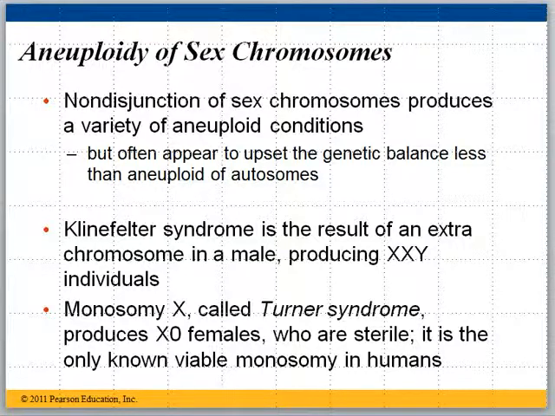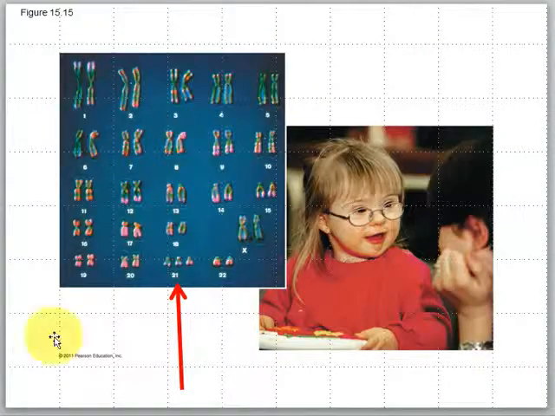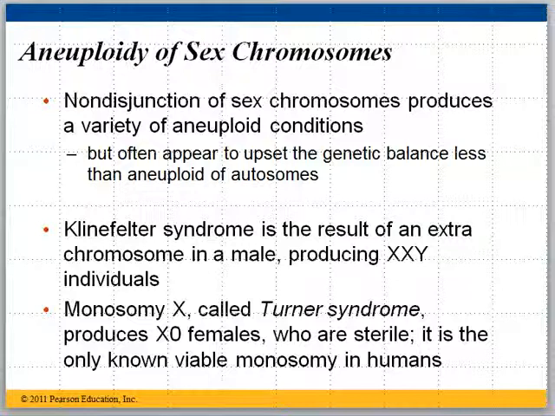Aneuploidy can occur for the sex chromosomes as well. Like with Down syndrome, where we looked at the karyotype and the number 21 set of chromosomes had the incorrect number, aneuploidy can happen with the sex chromosomes too. Non-disjunction of the sex chromosomes can produce a variety of these aneuploid conditions.